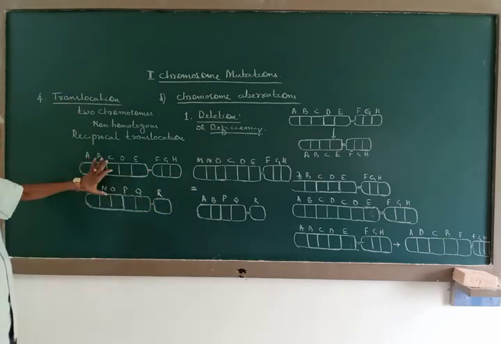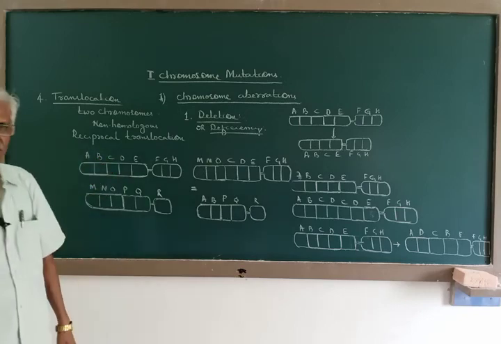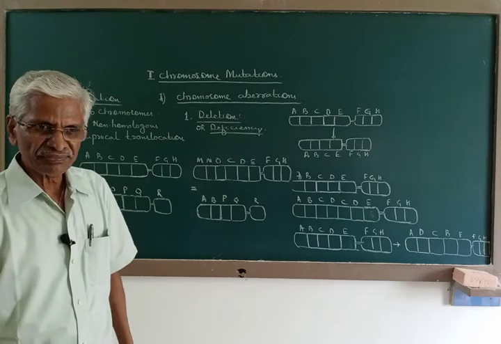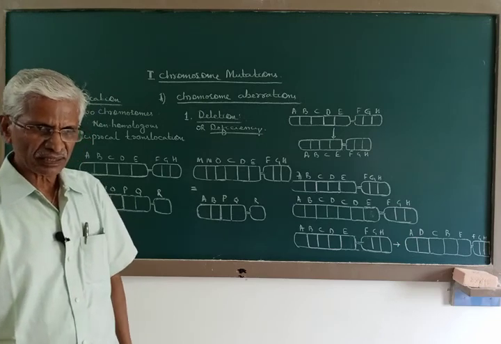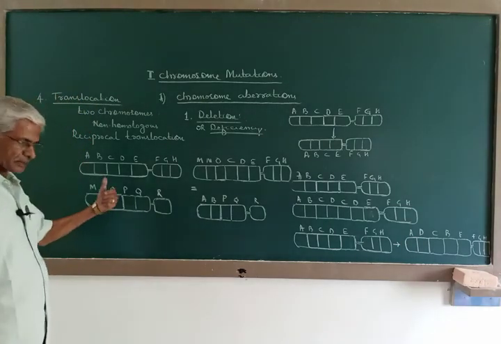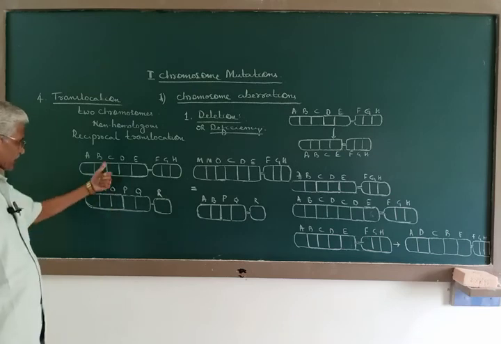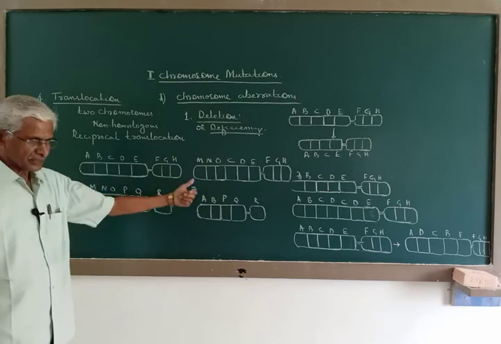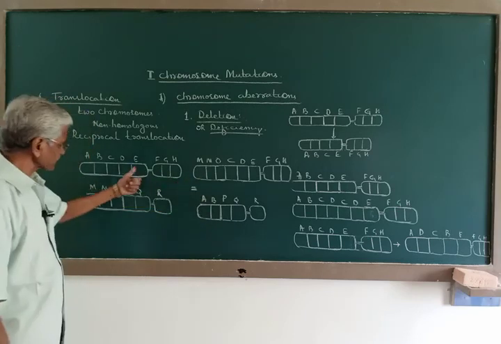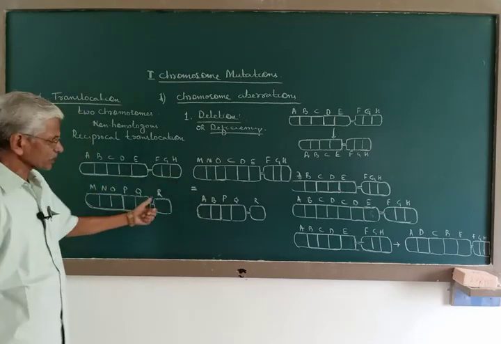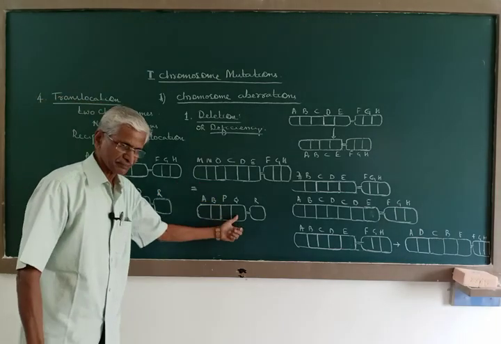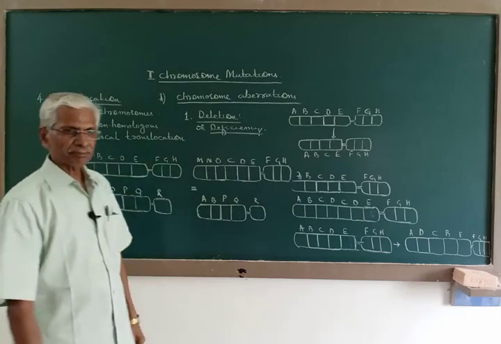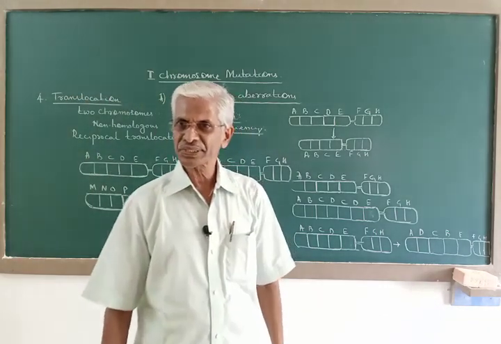So here, these two are non-homologous chromosomes. These two chromosomes belong to different pairs in a chromosomal configuration in a diploid number. There will be reciprocal interchange of segments, and after reciprocal interchange of segments, these two non-homologous chromosomes will become like this. This type of translocation is called reciprocal translocation.